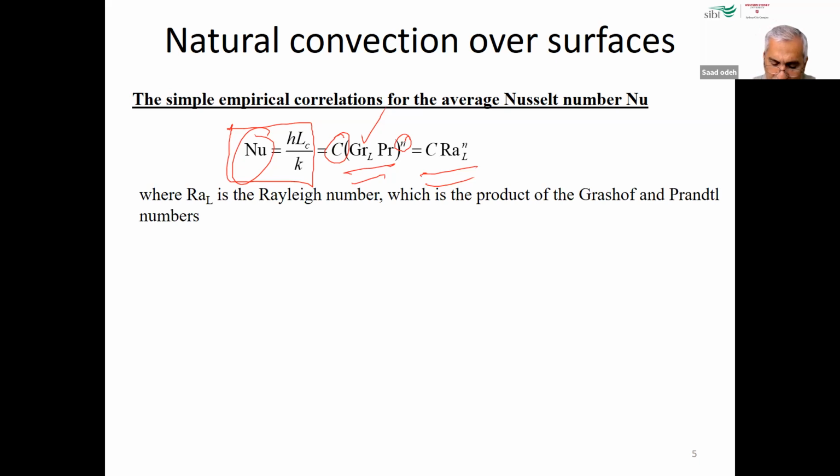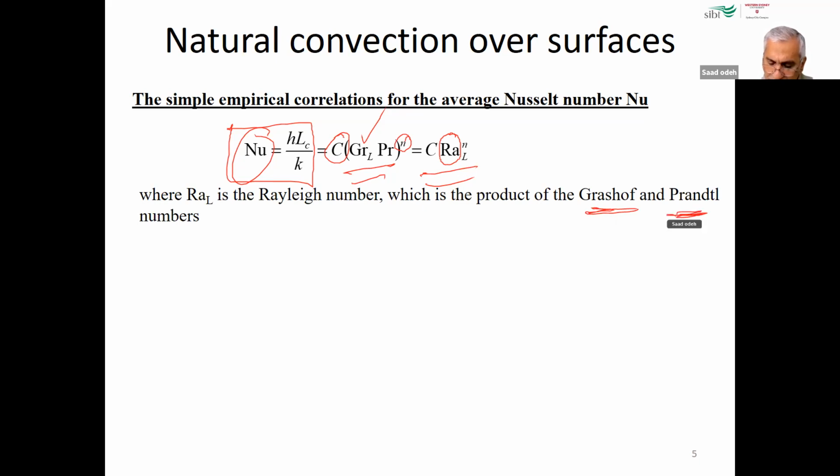Also, it appears in this formula another non-dimensional number, Ra, which is also only in natural convection. They call it the Rayleigh number. It's the product of Grashof number and Prandtl number.